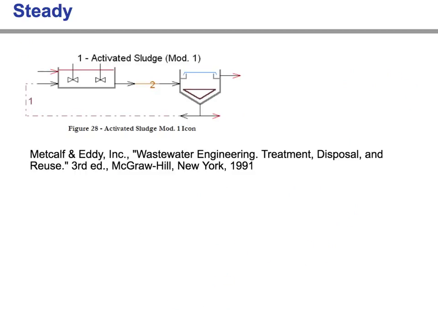And for this activated sludge process, as I mentioned, there are three models. The first model is one of the classical models, which was initially developed by Metcalf and Eddy. The details of activated sludge model 1 are described in the textbook Wastewater Engineering: Treatment, Disposal, and Reuse.